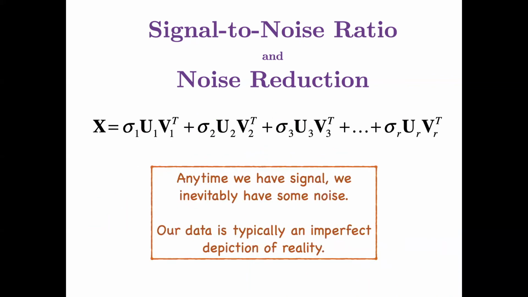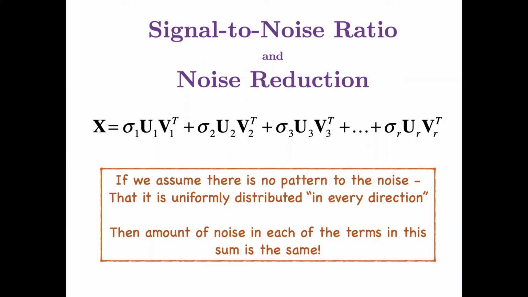But anytime we have signal, we inevitably have some noise. Our data is going to be an imperfect depiction of reality. If we assume that there's no pattern to the noise, that it's uniformly distributed in every direction, right? That's the description of white noise.